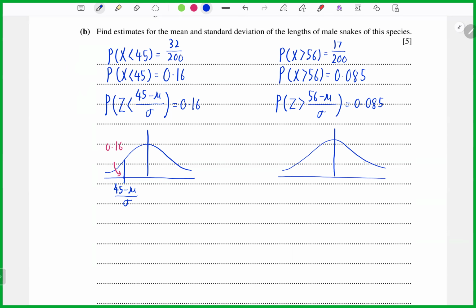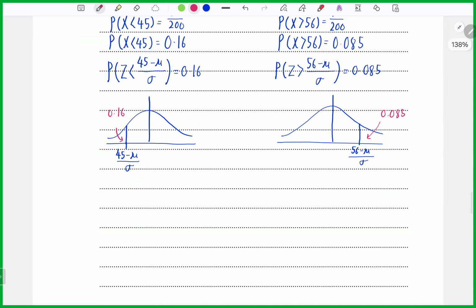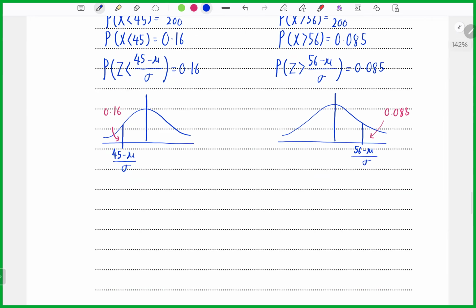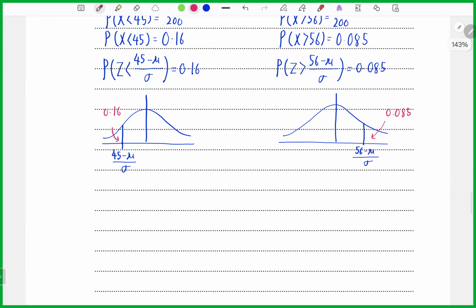So you can write here (56 minus mean) divided by standard deviation, this is a probability 0.085. We know here it is 0.16, so the probability 1 minus 0.16 gives 0.84.